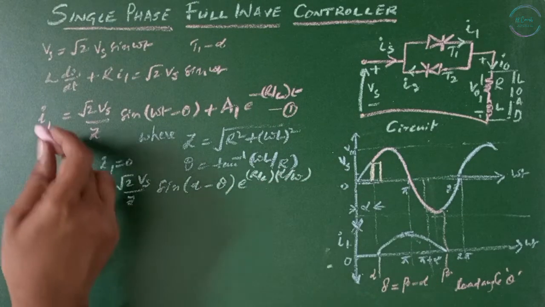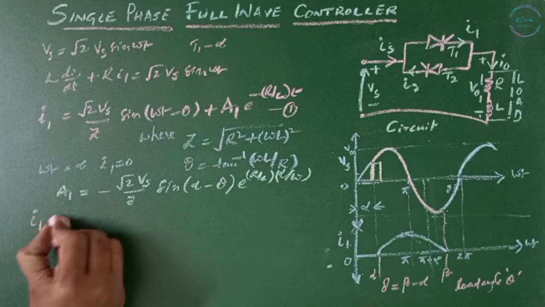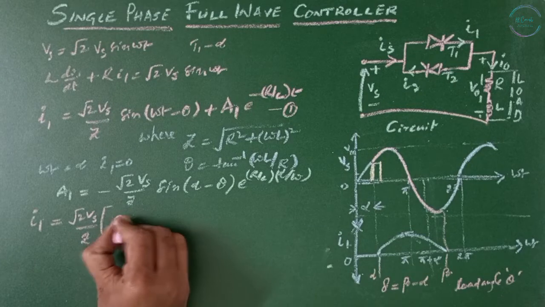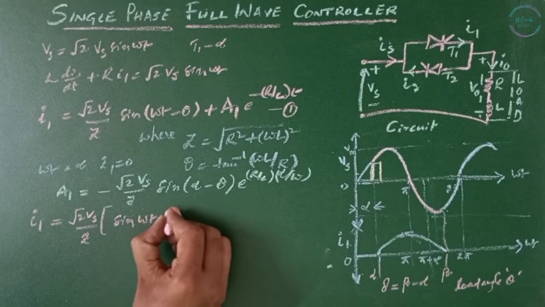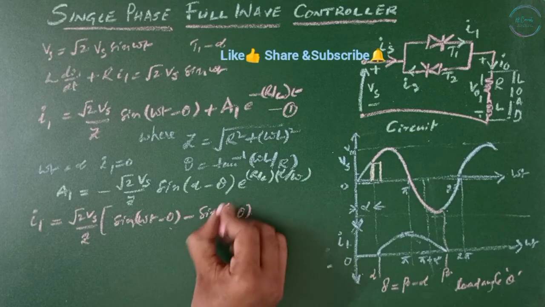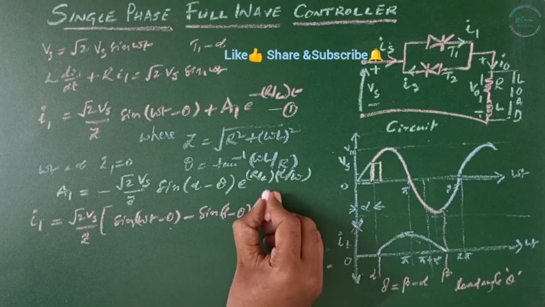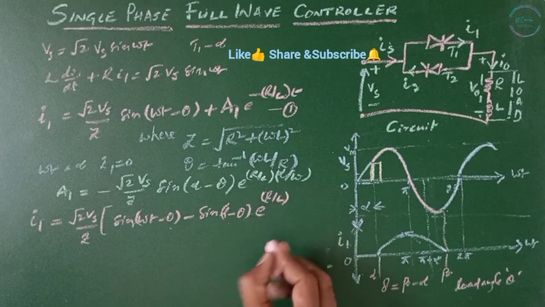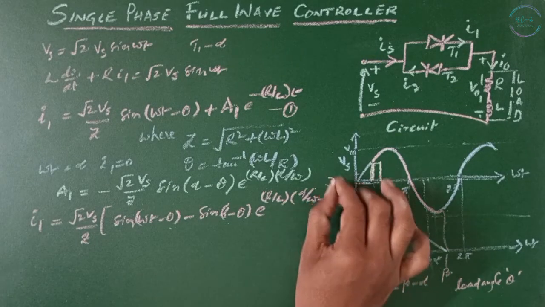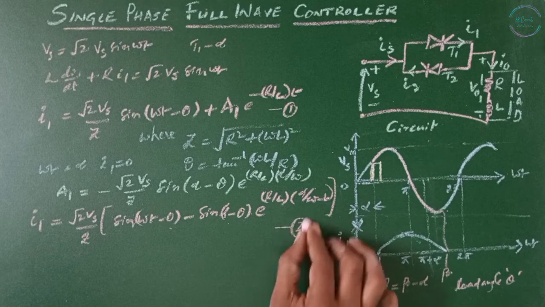Now substituting the value of A1 in this equation, you get I1 equals root 2 Vs by Z of sine omega t minus theta minus sine alpha minus theta times e to the power of R by L of alpha by omega minus t. That is equation number 2.